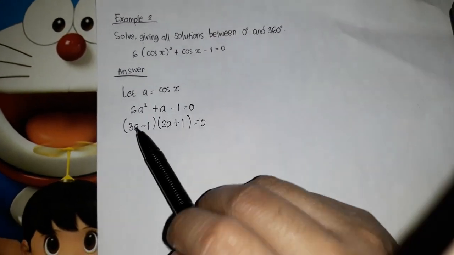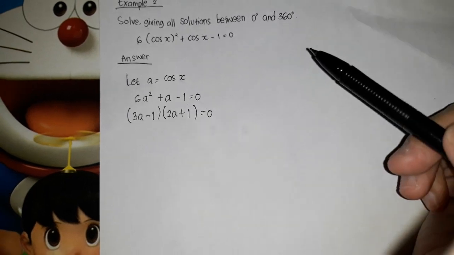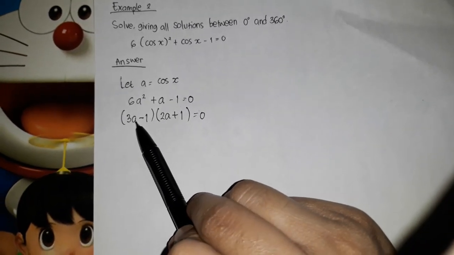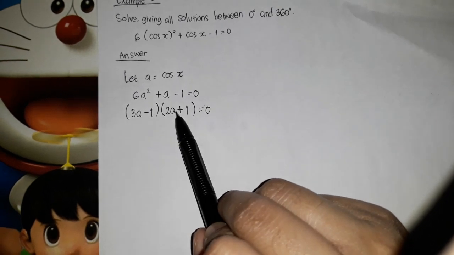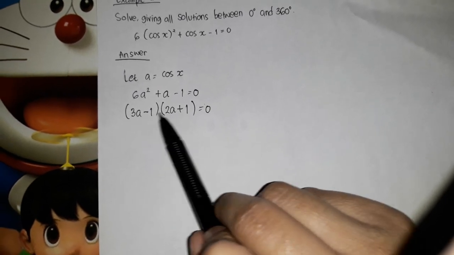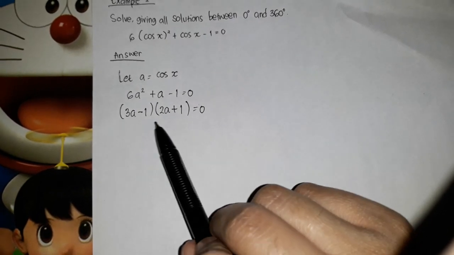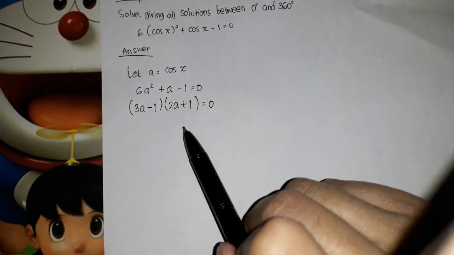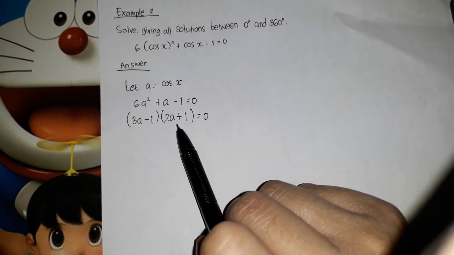So let's check the answer. 3a times 2a is 6a squared, correct? And then 3a times 1 is 3a, and negative 1 times 2a is negative 2a. 3a plus negative 2a is plus a, correct? And then minus 1 times 1 is minus 1. So this is the correct factorization.